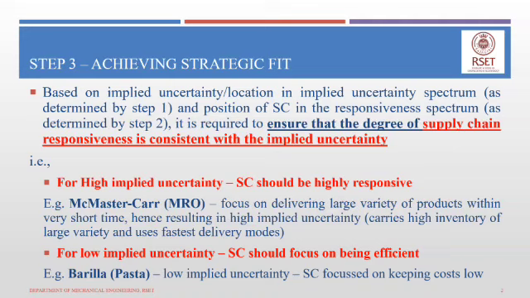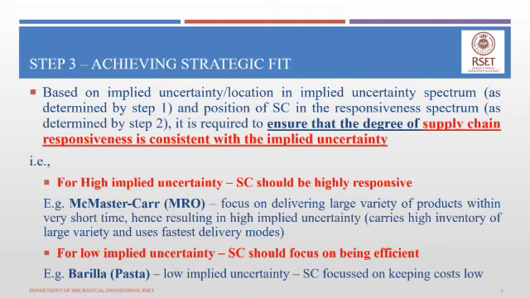So on the responsiveness spectrum, the supply chain should be positioned towards the side where it is highly responsive. So for high implied uncertainty conditions faced by a firm, the supply chain should be designed in such a fashion that it is made highly responsive.